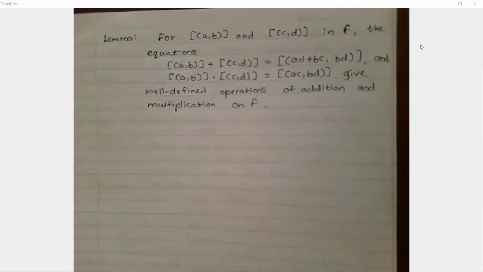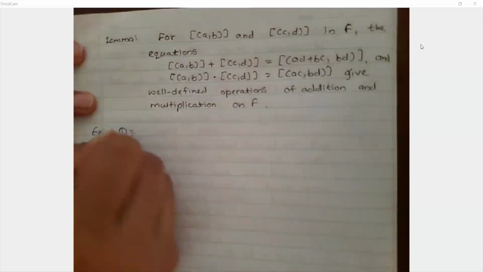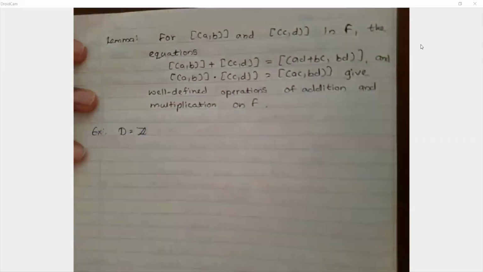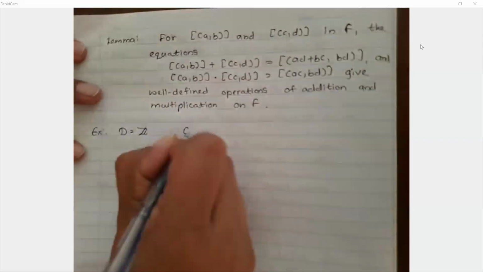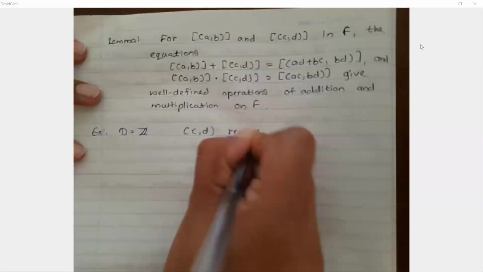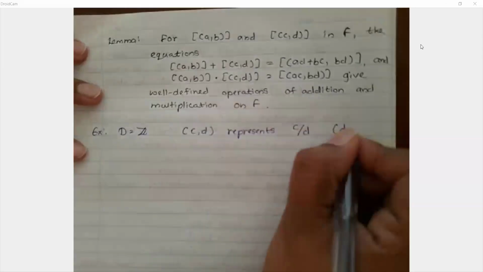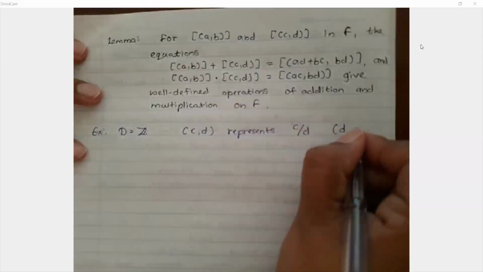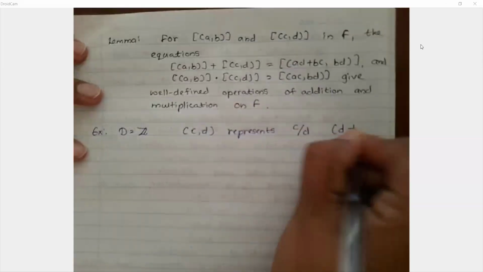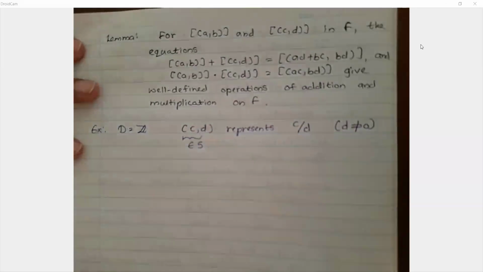How do we see that this is well defined? We can see this by example. Let's take D to be non-zero. Then the pair (C, D) actually represents the quotient C over D, where D is non-zero, and this is an element in S. We have to take elements from S, therefore D is non-zero.